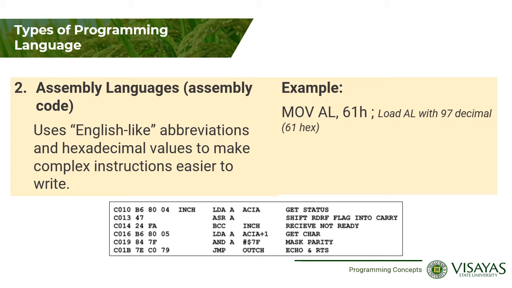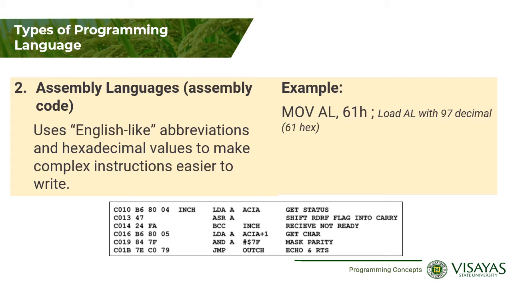For example, instead of giving the computer the instruction to load 61 hexadecimal into register AL by writing a series of zeros and ones or binary codes, you just simply write MOV AL, 61H, which means move data, in this case 61 hexadecimal or 97 decimal, and store it to register or variable AL.